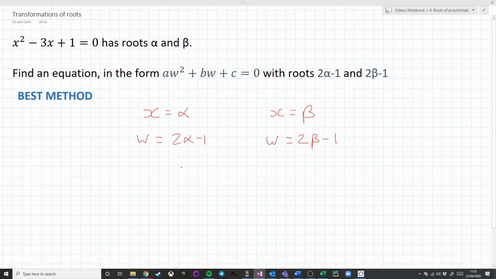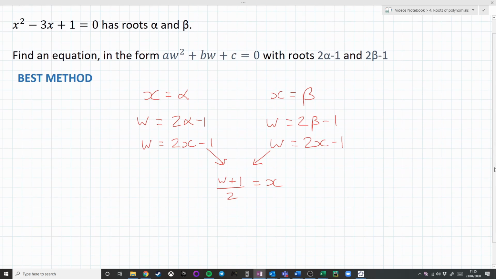What if you solve both of these equations simultaneously? You can see that w is equal to 2x minus 1 in both cases. And that's important why it would be the same in both cases. In other words, if I rearrange that, w plus 1 over 2 is equal to x.